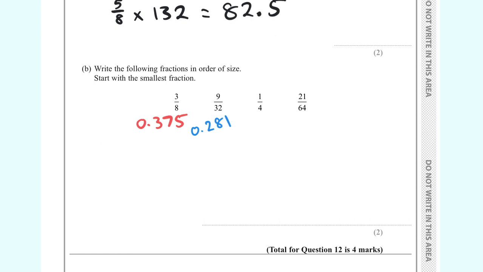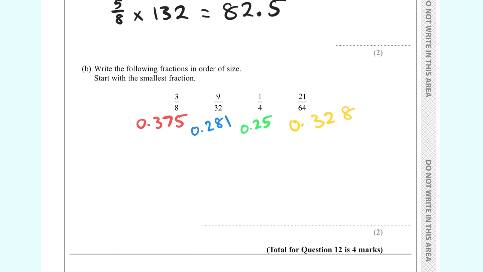I'm not going to write any more digits than that for now, but we might need to come back to that. 1/4 I know anyway, because that's 0.25, but you might not, and you can pop it in otherwise. And the last one, 21 divided by 64, is 0.328.